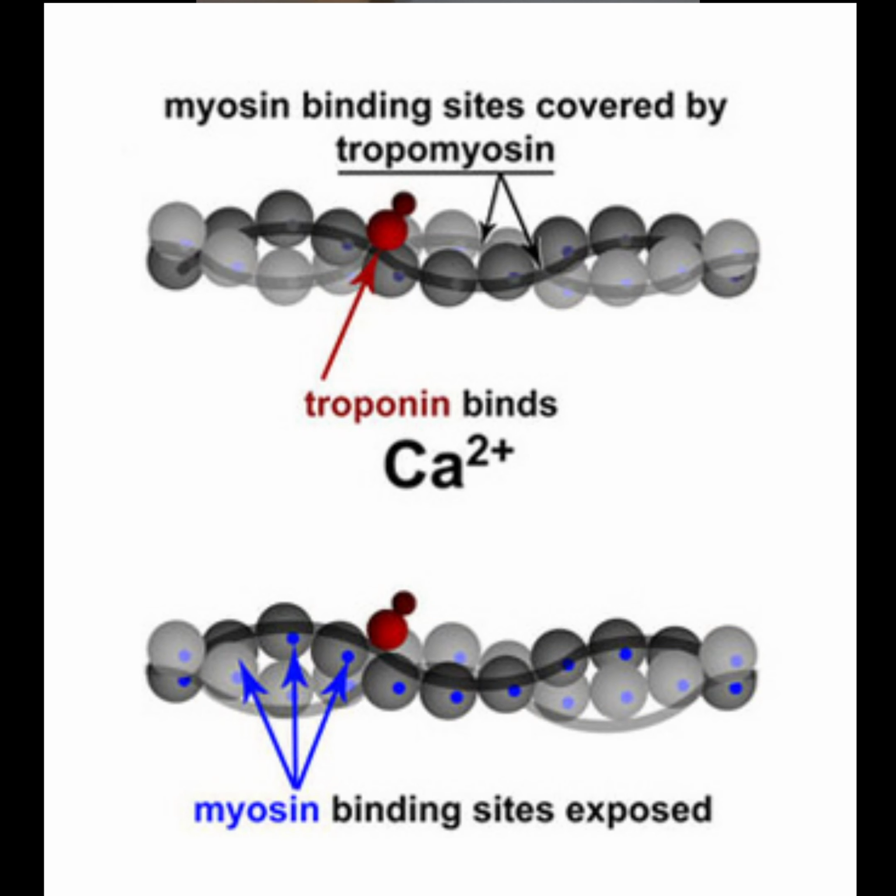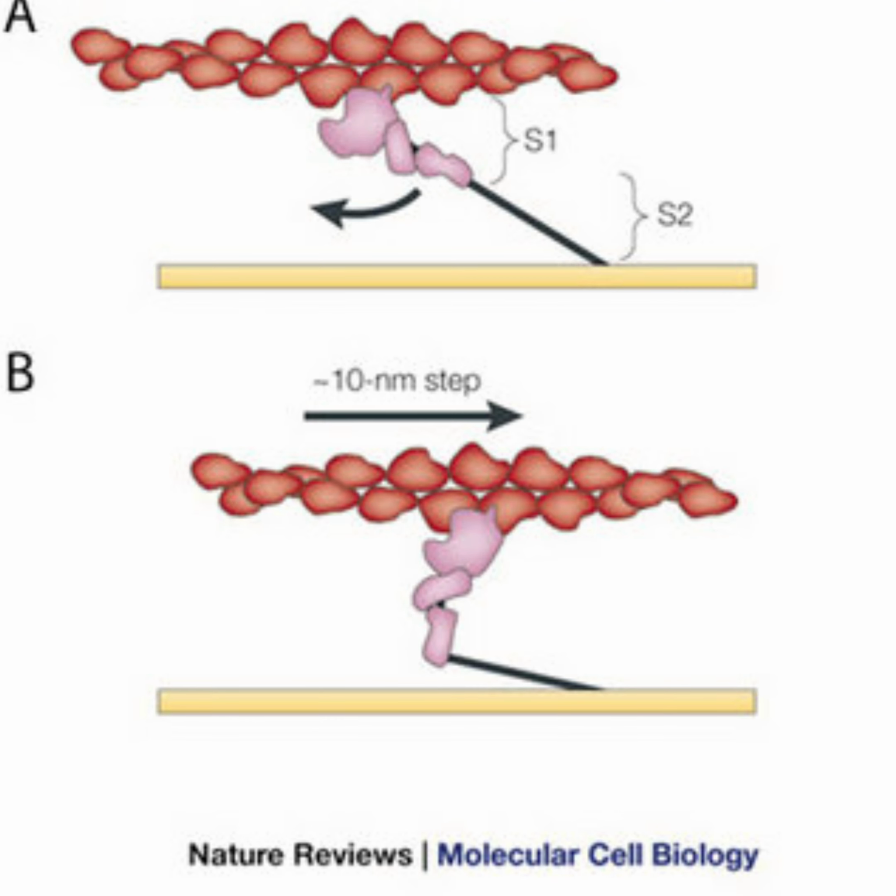And when calcium attaches to troponin C, it actually pulls the filament away from the active site on actin, enabling the myosin and actin to interact and cause contraction. So that's what happens with the thin filaments.